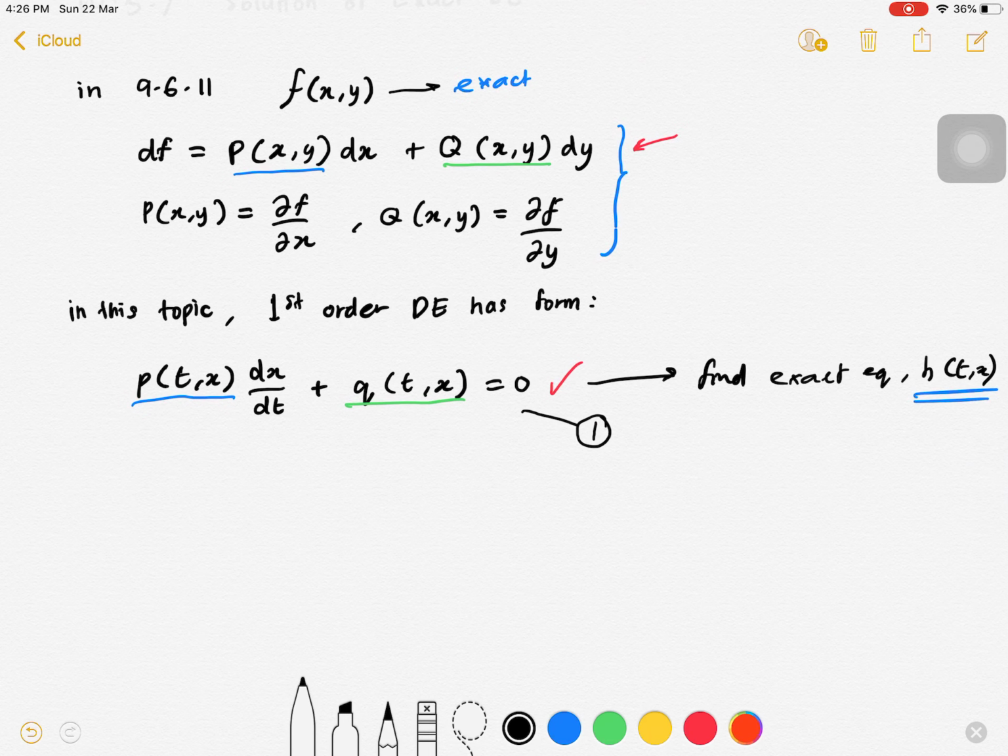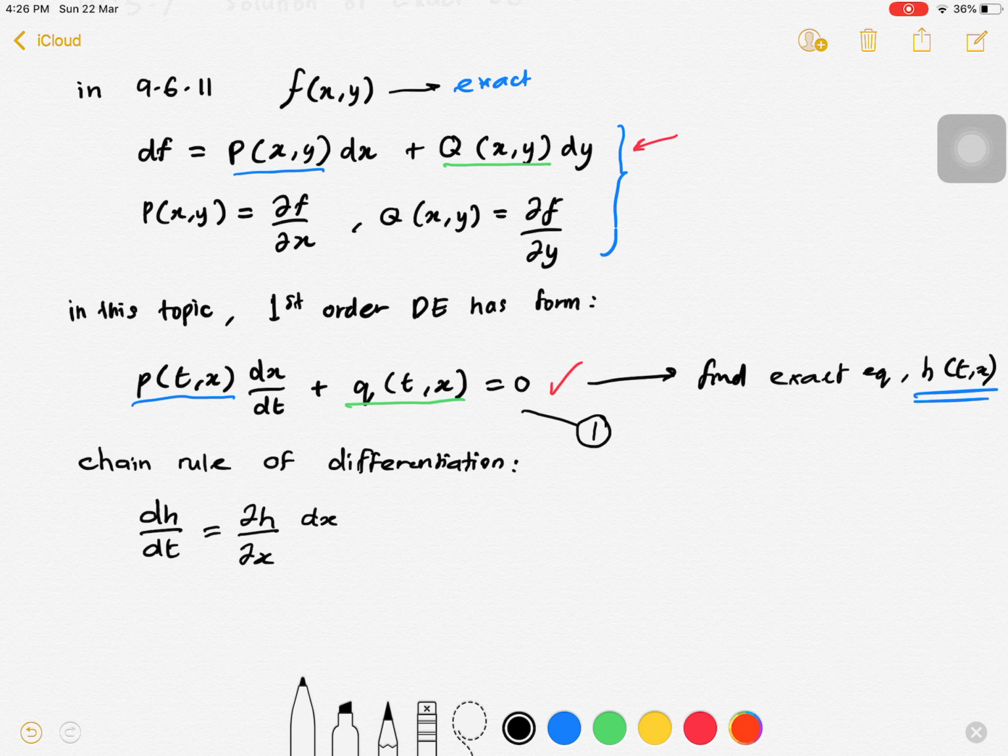Now we can recall a formula that we have learned, the chain rule of differentiation. So we know that dh dt, where h is the function that we want to find, is equal to delta h delta x times dx dt plus delta h delta t.